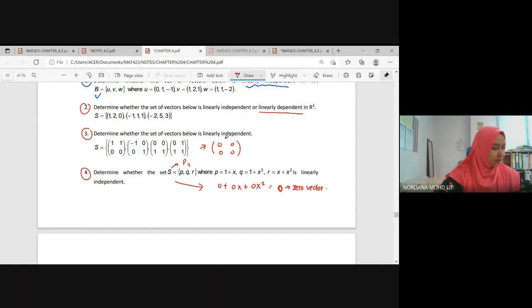Okay, number 3 pun semuanya boleh guna determinant juga kan. Dapat 4 by 4 kan. Boleh. Ni boleh guna determinant sebab awak dapat coefficient tu 4 by 4. Okay, yang ni linearly independent jawapan dia. Number 4 linearly independent.